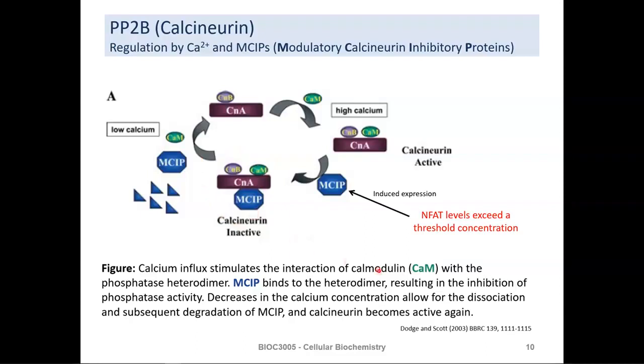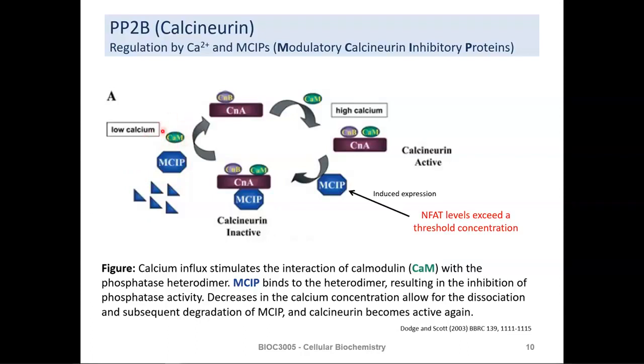It is proposed that when the transcription factor NFAT levels exceed a threshold concentration, this then stimulates the expression of the MCIP, and so provides a feedback inhibition of our PP2B enzyme. When the calcium levels start to fall, the signaling is stopped.